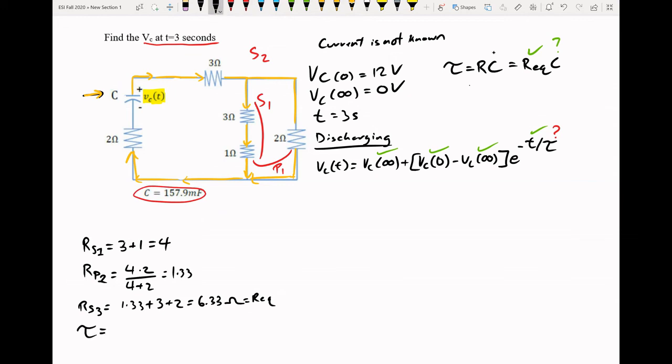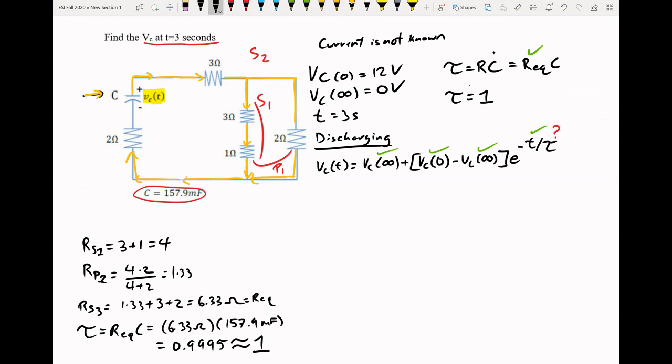So tau is going to be equal to our equivalent R times C. So this will be 6.33 ohms times 157.9 millifarads, which will give us a value of 0.9995, which is approximately 1. So now we know our tau is equal to 1.